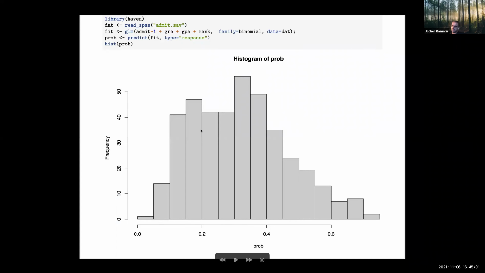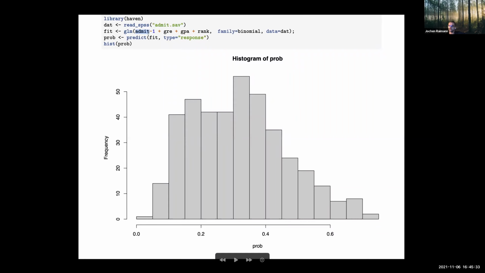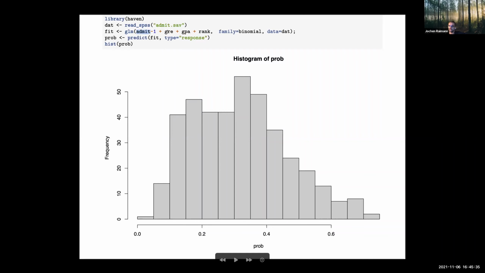So this probability can then essentially, as we discussed earlier, be shown for all your estimates and for your entire range of potential thresholds. And this is essentially what we're looking at in our lab. If we are using the admit dataset, we can look for predictors of admission to a certain university.